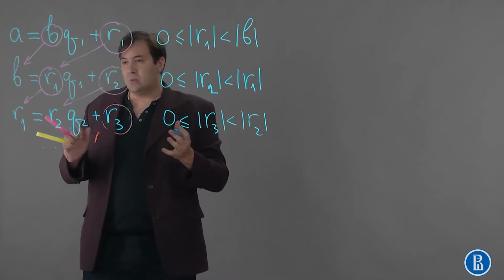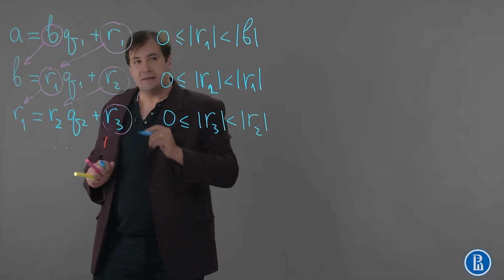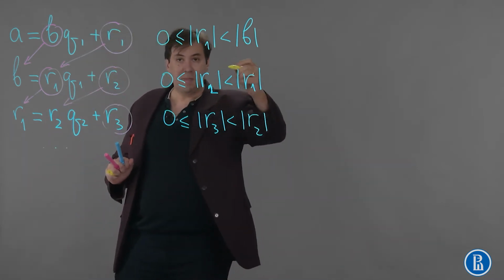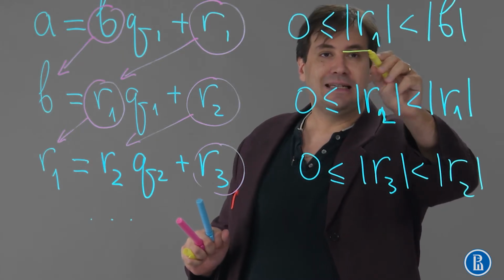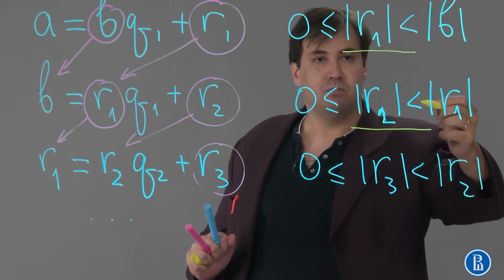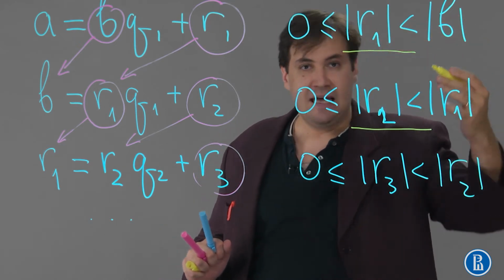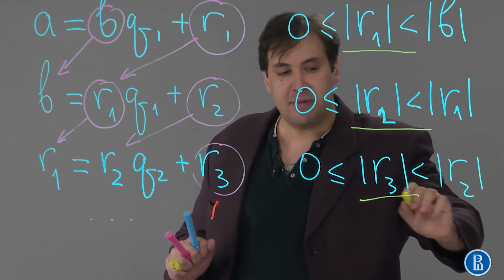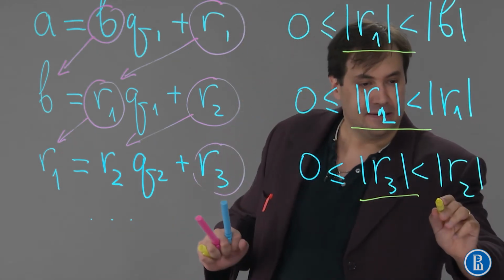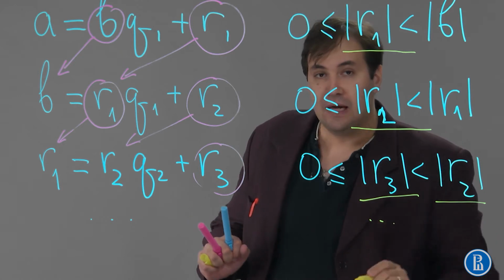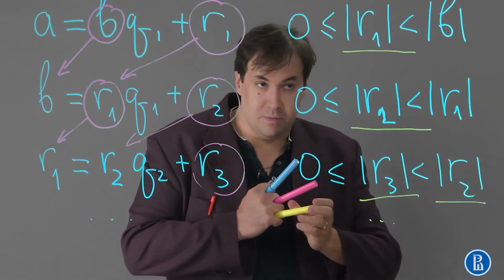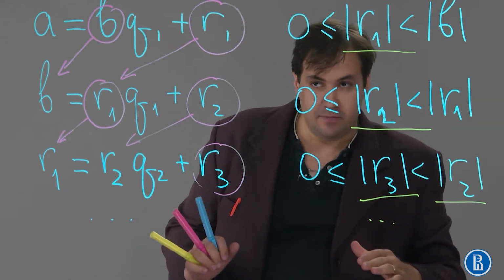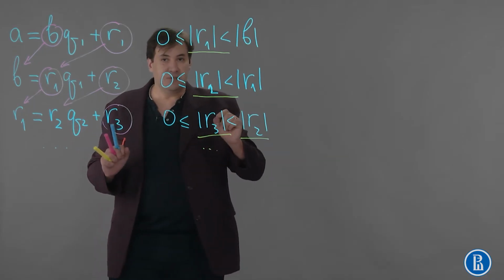And what happens in the end? We can notice that the norm of remainders is getting less and less. The first remainder is less than B, the second remainder is less than the first, the third is less than the second, and so on. But we know that the norm of the remainder is a non-negative integer, so sooner or later its norm will become 0.